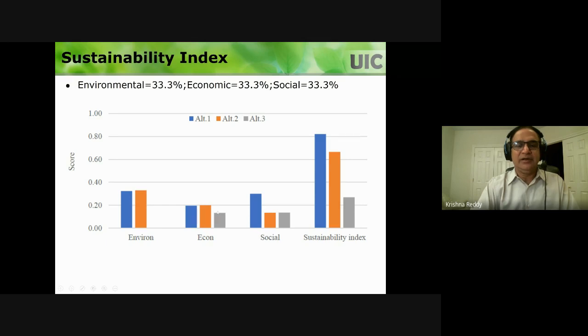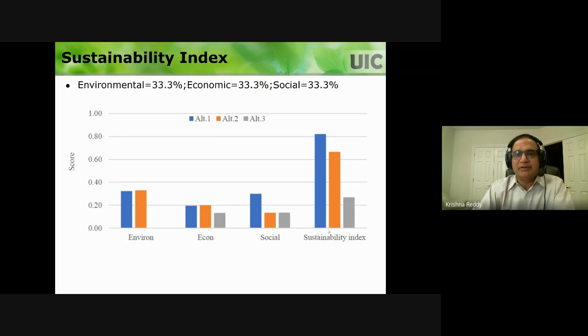And in the economic point of view, not only direct costs, indirect costs are reflected in this one, and the social aspects are this one. So you have conflicting results for each of these dimensions, but when you integrate all of them, you can make sense of the overall results. So this is how you can finally make a decision. Okay, alternative one is a better choice.